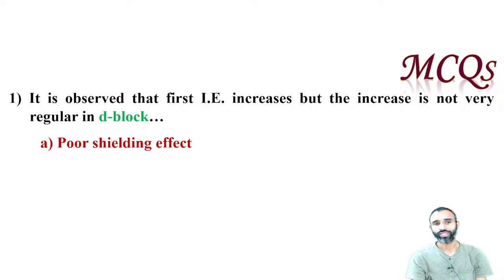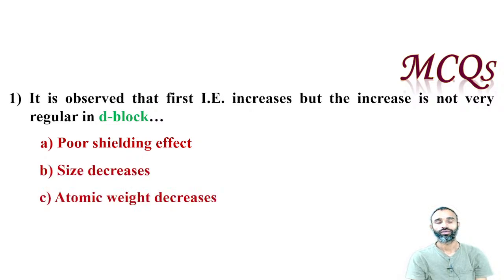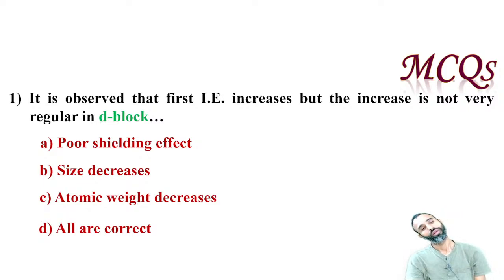So first ionization enthalpy increases, but the increase is not very regular in the D block. What is the reason? It is because of poor shielding.